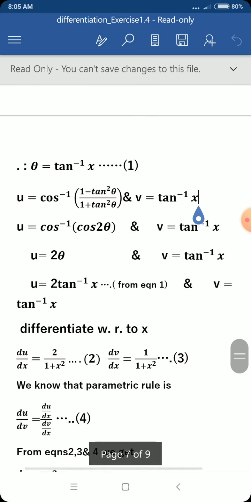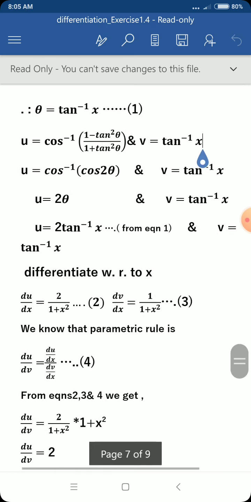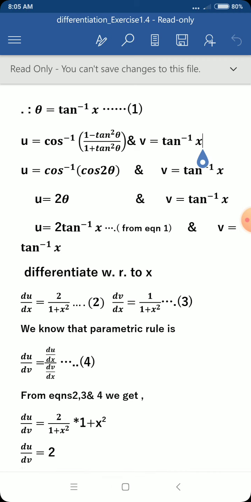Now we know that 1 minus tan square theta upon 1 plus tan square theta is equal to cos 2 theta. Therefore, u is equal to cos inverse of cos 2 theta. Also we know that cos inverse of cos x is equal to x. Using this formula, cos inverse of cos 2 theta is equal to 2 theta. Therefore, u equal to 2 theta.